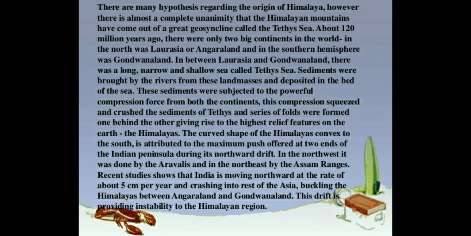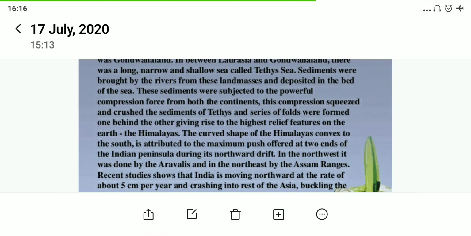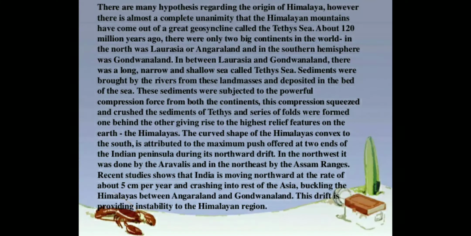Recent studies show that India is moving northward at the rate of about 5 centimeter per year. The whole country is moving. Can you imagine your house is moving? So it is observed that India is moving northward at the rate of 5 centimeter per year and crashing into the rest of Asia.